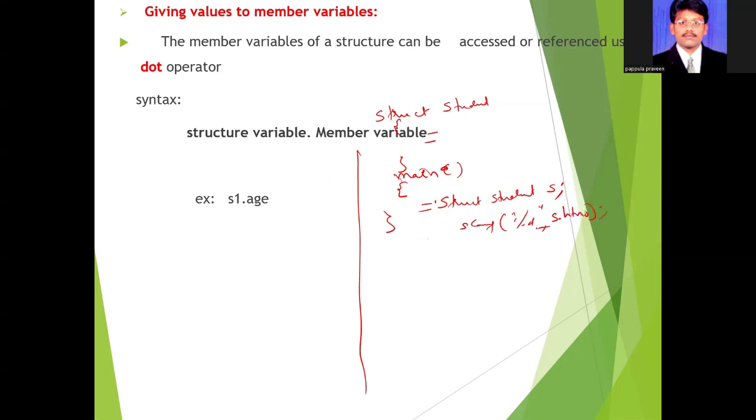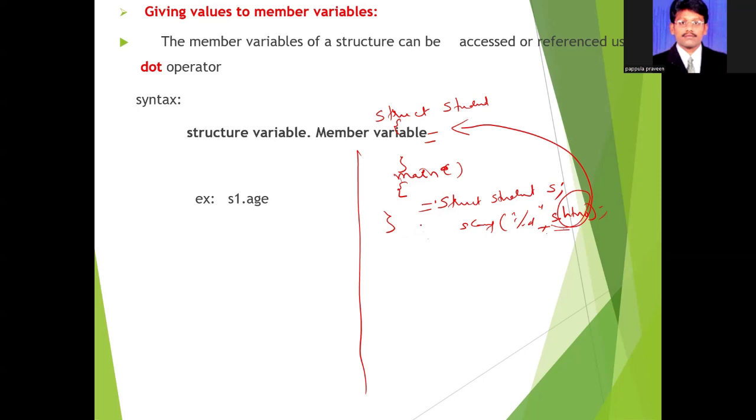Why do we take s comma roll number? If you take only roll number, then roll number is an undefined variable. Why undefined variable? Already we defined it, but why? Simple. Roll number is a part of s. Roll number is a member in student.